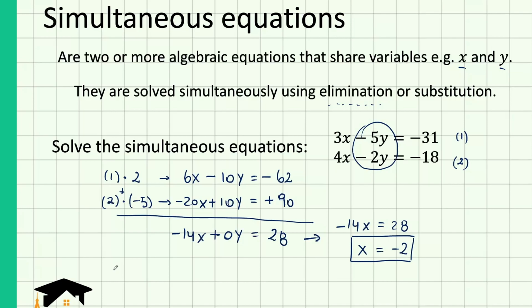Now that x is equal to minus 2, we have 4 times minus 2 minus 2y equal to minus 18. 4 times minus 2 is minus 8. And so what we can do is get 2y equal to minus 18 plus 8, which is minus 10. And then y will be equal to 5.